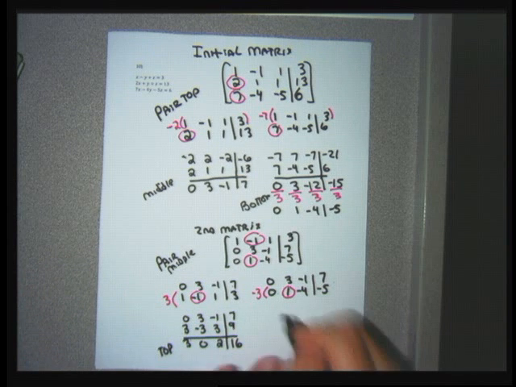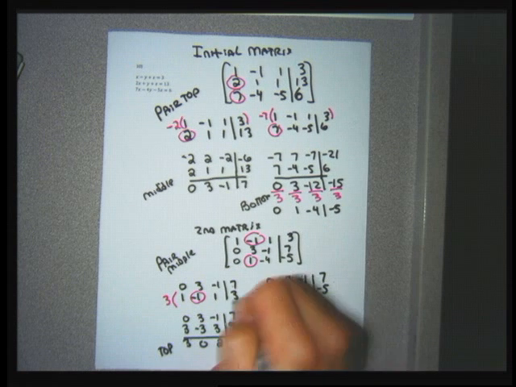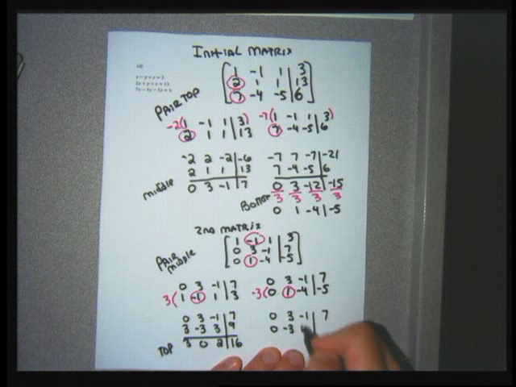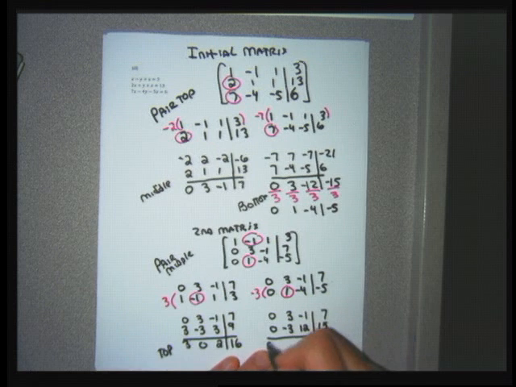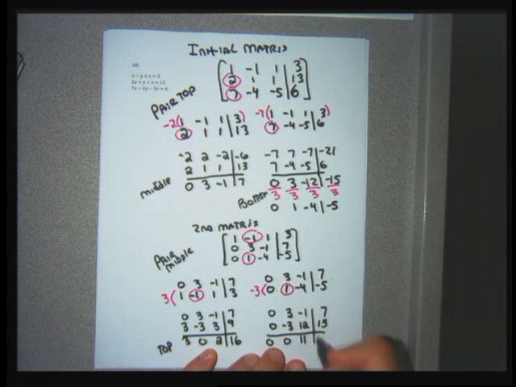For the other pair, leave the 0, 3, -1, and 7 alone. Multiply this by -3, get 0, -3, 12, and 15. Add these together, I get 0, 0, 11, and 22.